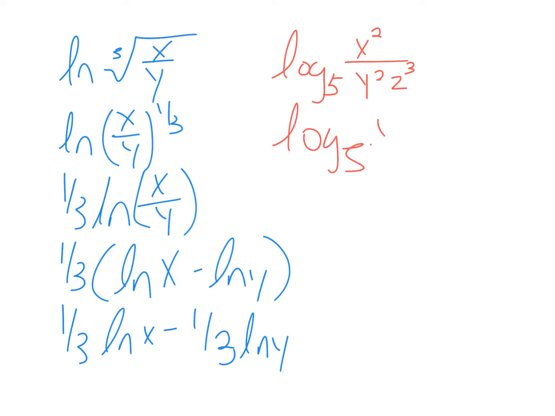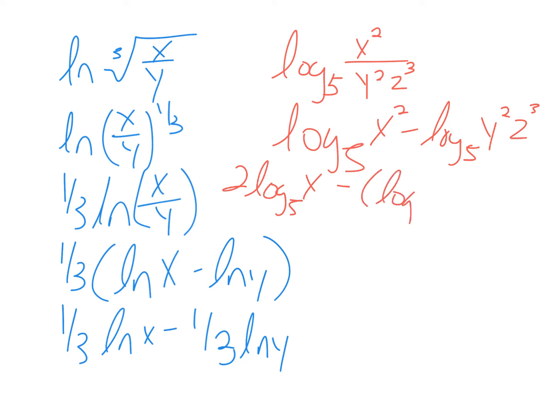Log base 5 of x squared minus log base 5 of y squared z cubed. So I can bring that 2 up front here, log base 5 of x, and then I need to expand the other one a little bit more. Base 5 of z to the third.